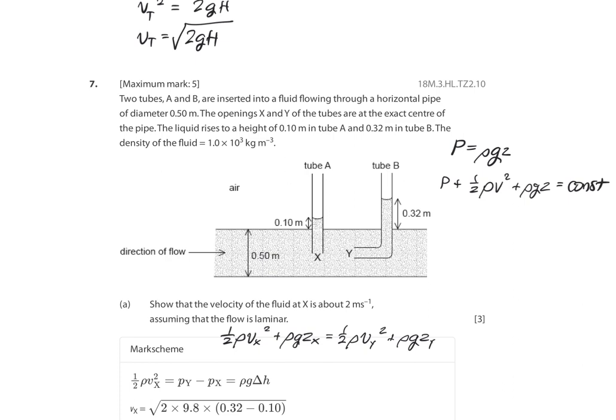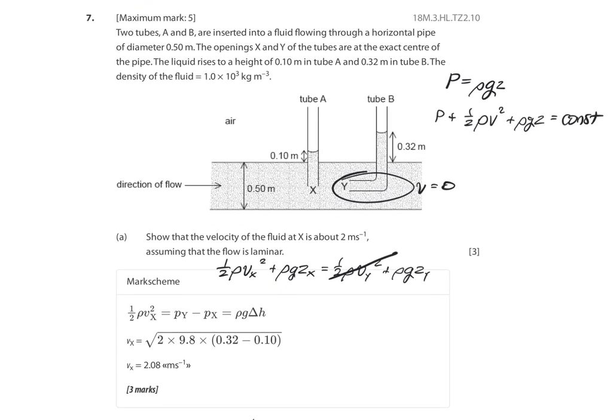Now we know that at y, the velocity is 0. That's the stagnation pipe, so the 1/2 ρvy² goes away. It's asking us to show that the velocity is about 2 meters per second, so we're solving for the velocity at x.